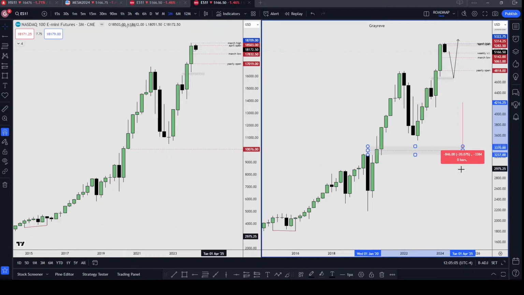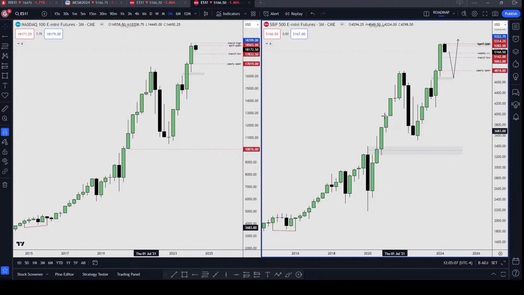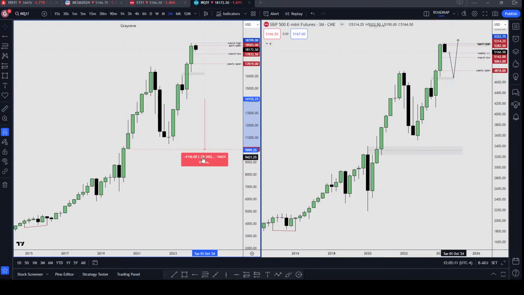That's like 800 handles here for ES, and for NQ, maybe from this low to here, that's like 4,000 handles. So I mean, don't be afraid of missing the huge move if it was to happen that way, right? As you can see, this candle's SMT, right? It could happen that way, but for that to happen, we first have to take out this low.